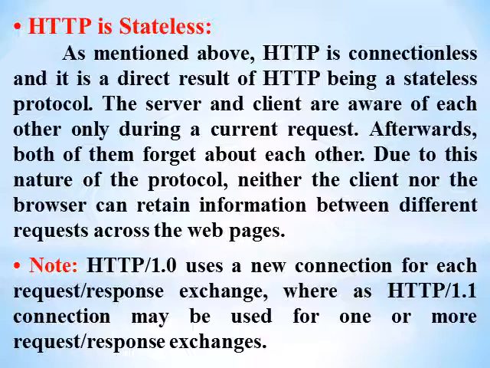In both versions there are slight changes. In the first version there is only one, that means a new connection for each request and response, whereas in 1.1 a connection may be used for one or more requests and responses for exchanging information between them. So this is quite an important note for all of us while learning HTTP.